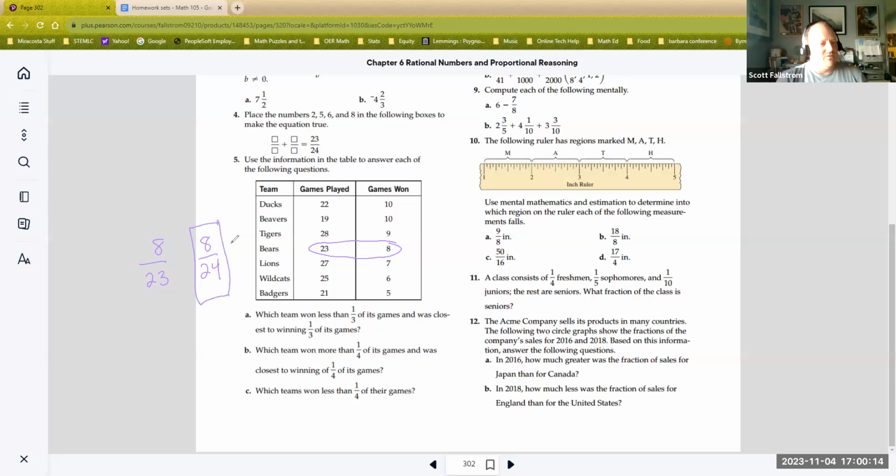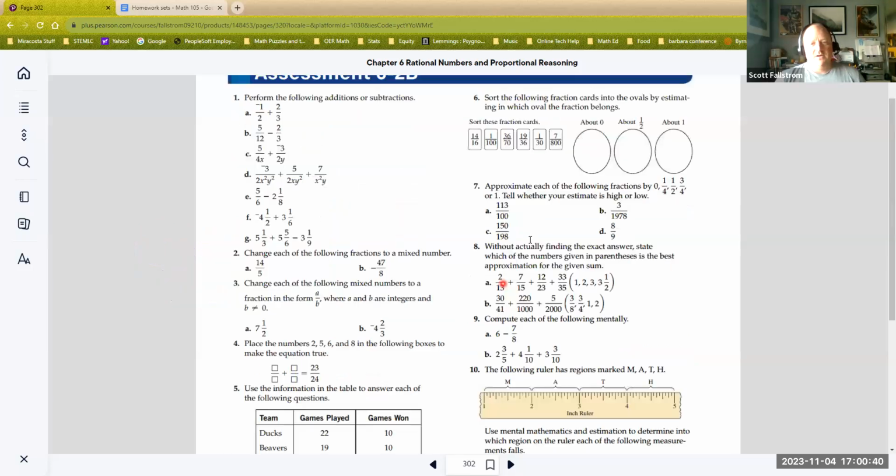And 8 and 24 turns out to be 1/3. So now you've got a benchmark fraction that you can link this up to. And notice the denominator here is bigger. So what does that mean about my benchmark fraction? Is my benchmark larger or smaller than the number I'm looking at overall? Okay. All right. So a couple there.